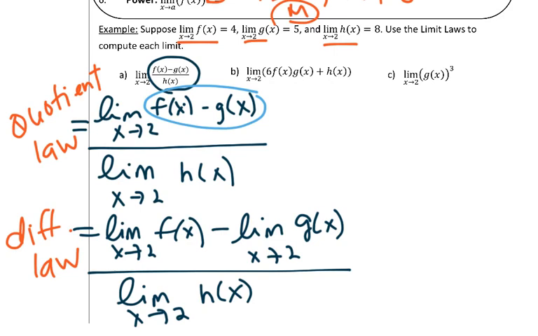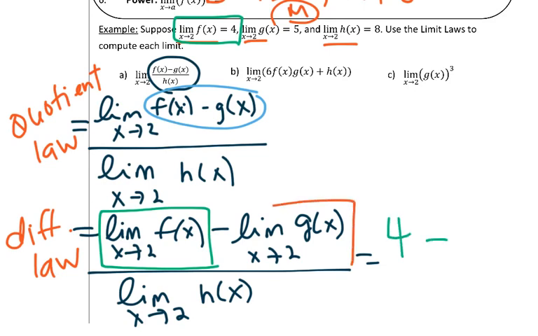And then notice each of these things have been expanded out and they're alone, right? And so I can now substitute. So this is equal to 4. So this gives me 4 minus, and then I have this part here, which is defined as 5.